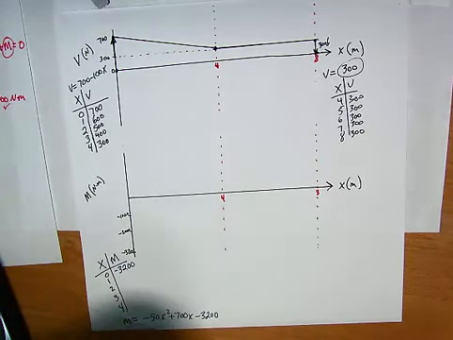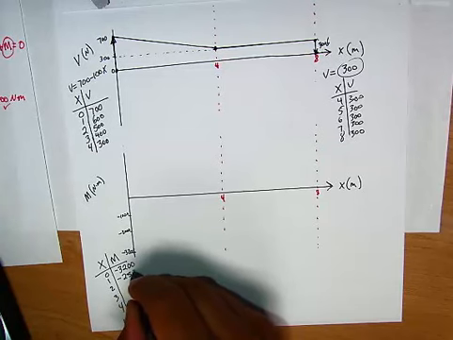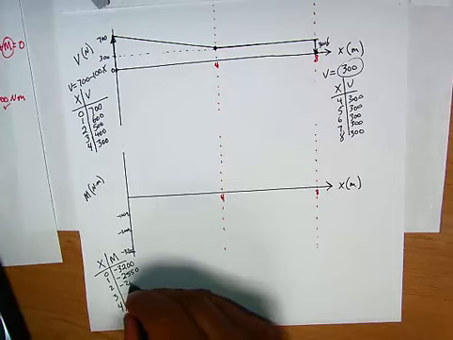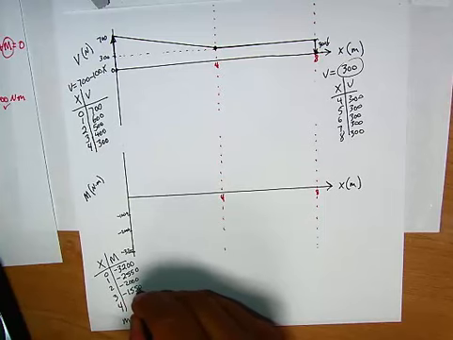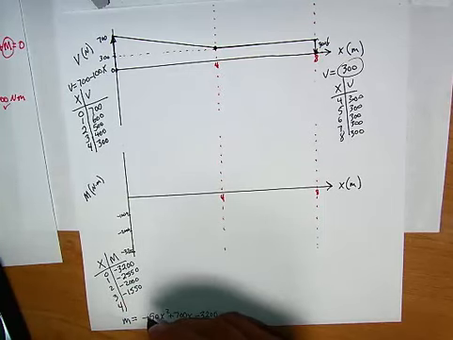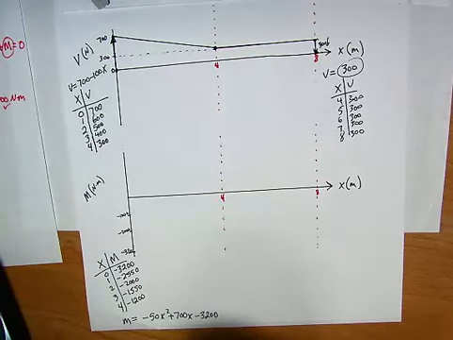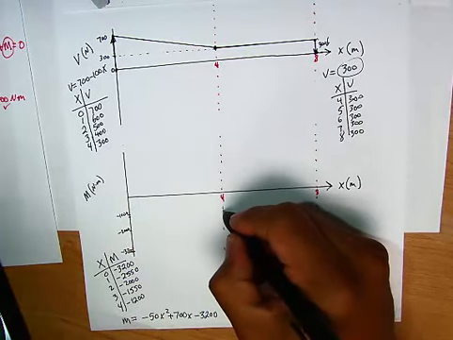When x is equal to 1, this is negative 2550. When x is equal to 2, this is negative 2000. When x is equal to 3, this is negative 1550. And when x is equal to 4, we get negative 1200. All right, so at 4, we get negative 1200, which is around right here.